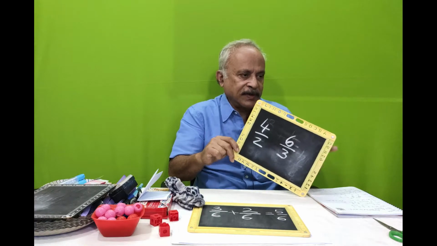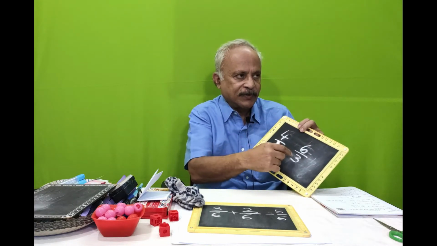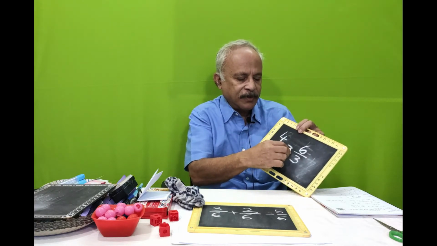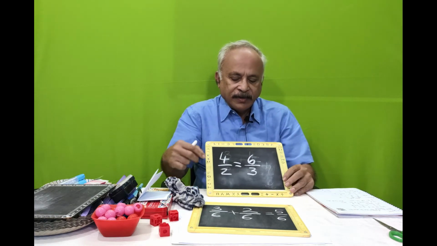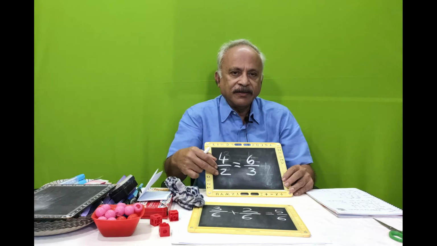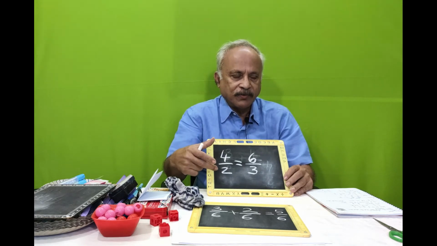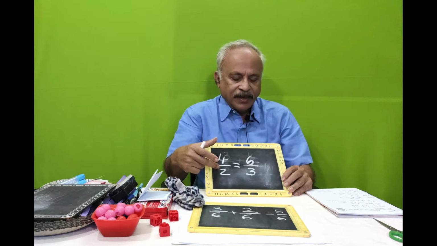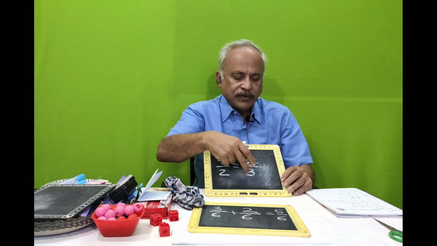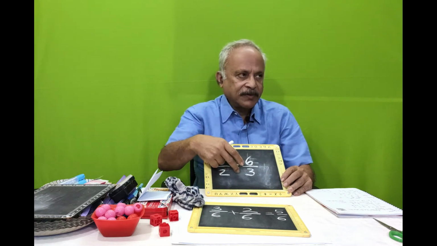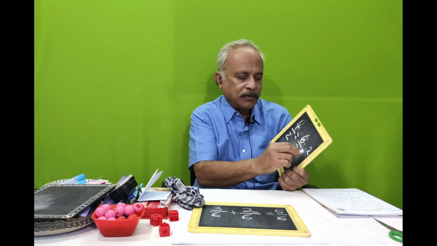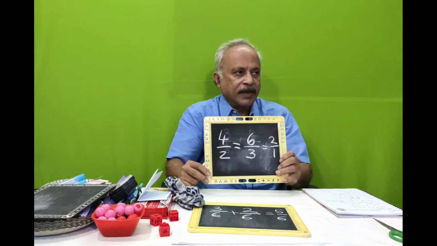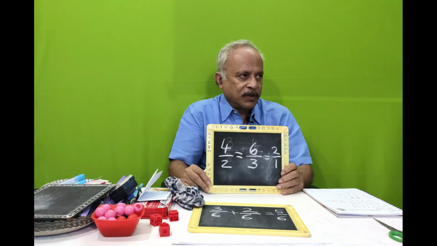So since 2 is the answer for this division as well as for this division, I can put them equal. And this something upon something, this division problem, is called a ratio. So these two ratios give the same answer, which is 2 by 1. And they are all equal.